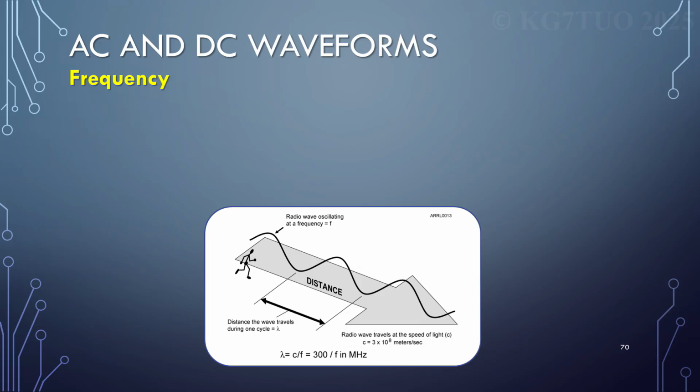For 2 meters, that goes up and down in a little over 6 feet. What the text says is distance the wave travels during one cycle. Any point in there can be equivalent to the same point on the next cycle. That's one cycle. Wherever you want to move that to create one cycle in your mind, do it.